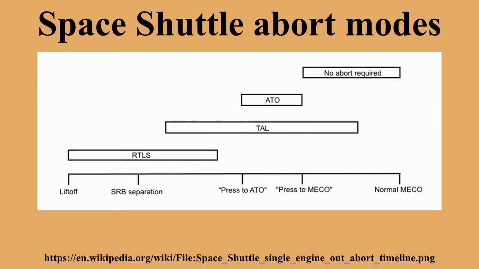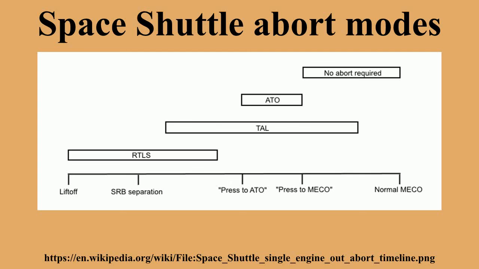A hydrogen fuel leak in one of the SSMEs on STS-93 resulted in a slight underspeed at MECO, but was not an ATO, and the shuttle achieved its planned orbit. If the leak had been more severe, it might have necessitated an ATO, RTLS, or TAL abort.